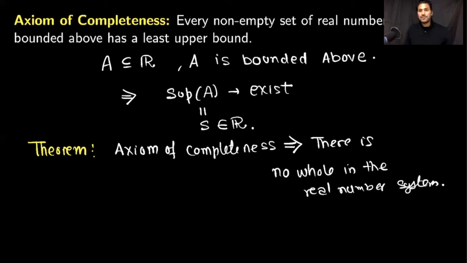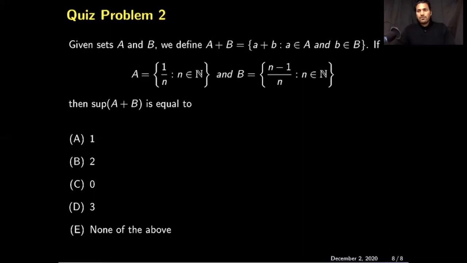That is basically the power of this axiom: we can prove there is no hole in the real number system. In coming videos, we will prove this theorem, and along with that, we will prove some more theorems, where we will see that by just assuming the axiom of completeness, we can prove many results in real analysis. Here I have one more quiz problem for you to practice.